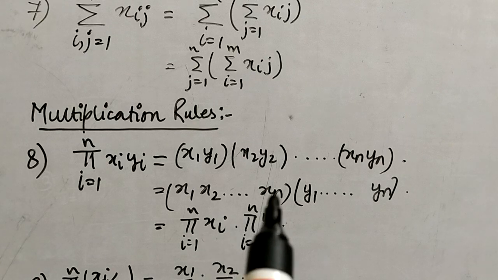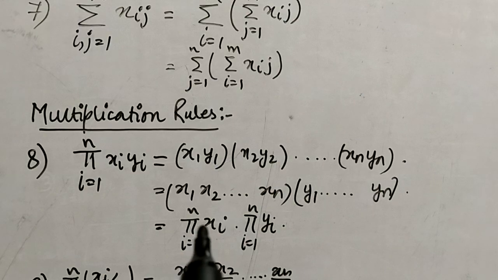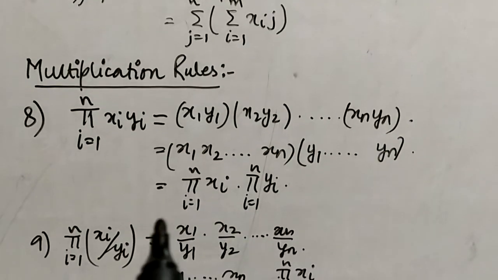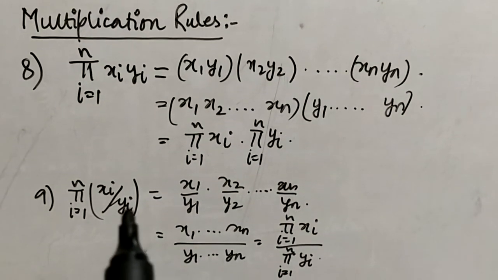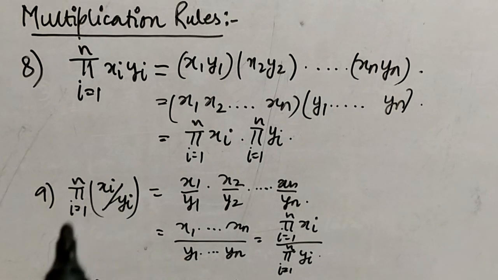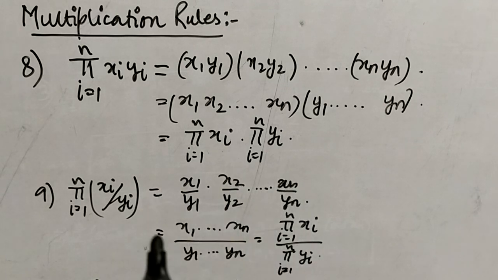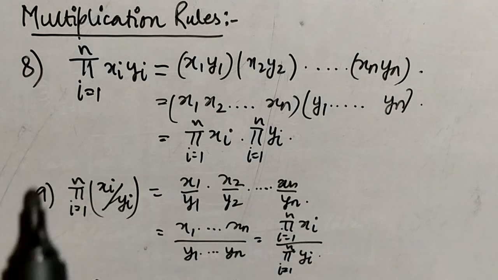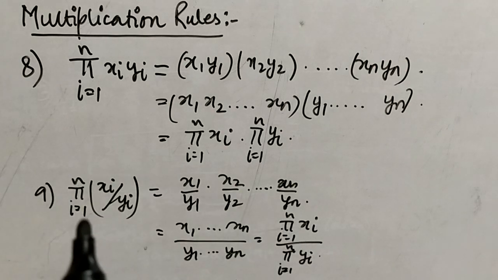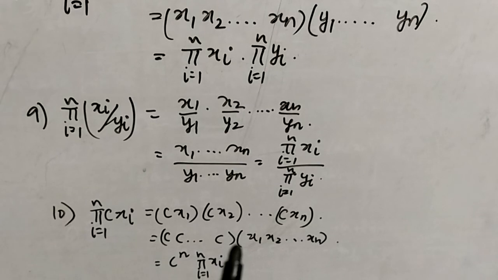Just the way we use summation for summing up, we use this symbol for multiplying. Funda number 9: whenever you have to divide, you have to use multiplication. x1, y1, x2, y2, up to xn, yn. Club y and x together, and then you can put this capital multiplication sign on both the variables, and in this way you can break down the division funda as well.